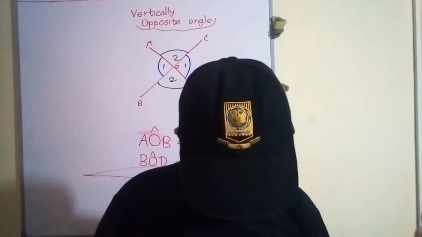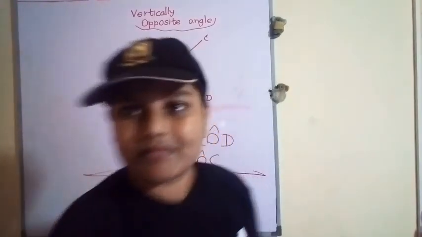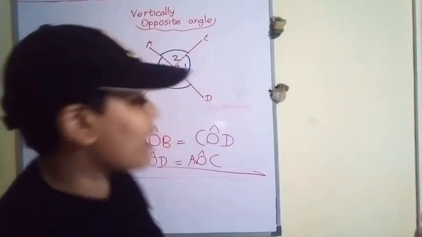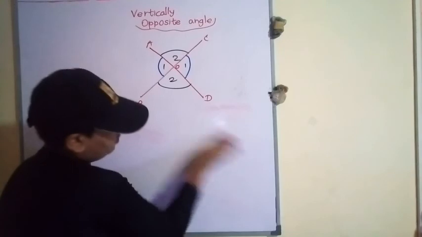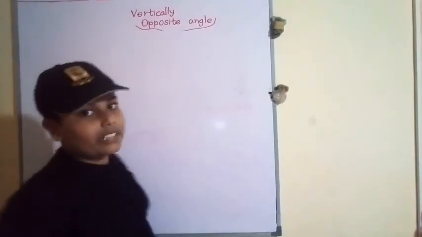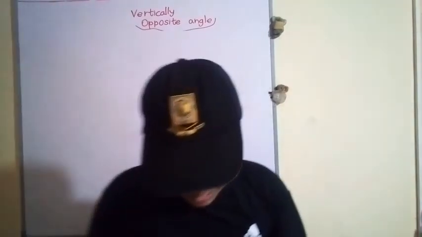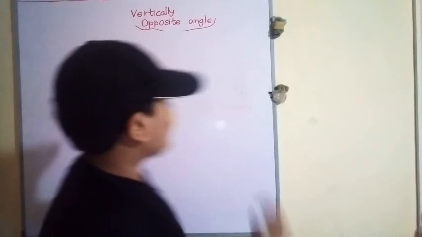Now that is called vertically opposite angles. I think that is explained to you. Now, I think that is easy now. Let's find this.